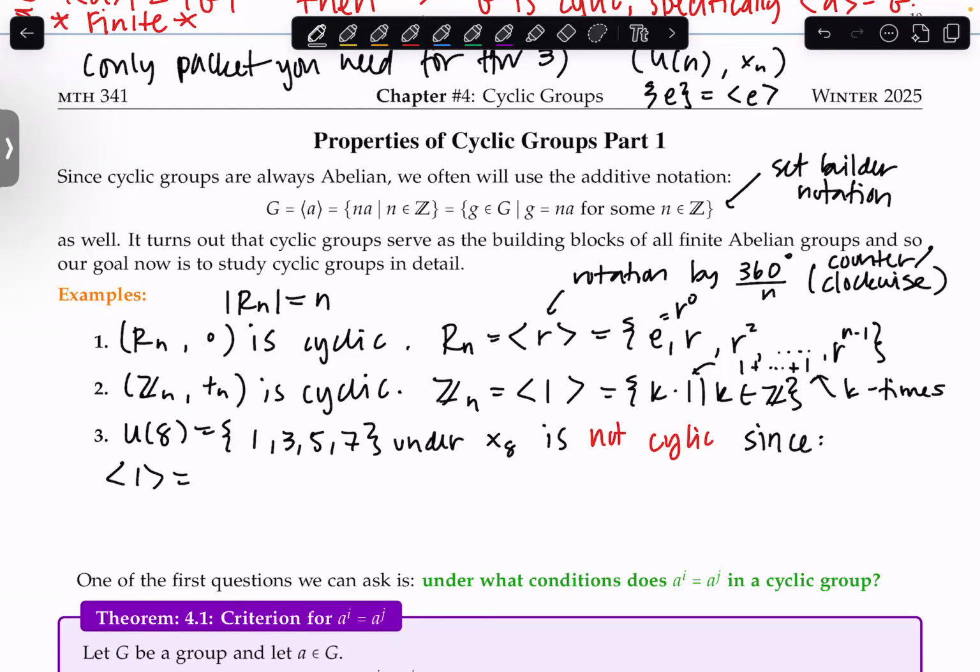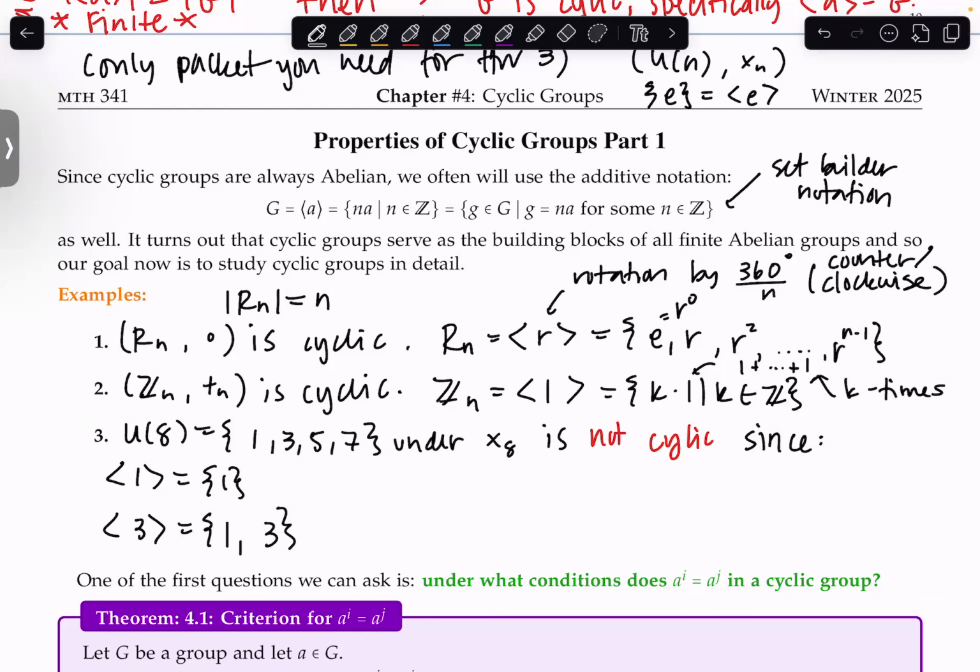If I look at the group generated by 1, what elements do I get? Right, this is my identity element. 1 under multiplication is my identity. So if I multiply 1 by itself any number of times, I'll get back 1. Let's think the group generated by 3. I know 3 will be there. If I square it, what do I get? Okay, so I'm done. I just have 1 and 3 in my group generated by 3.